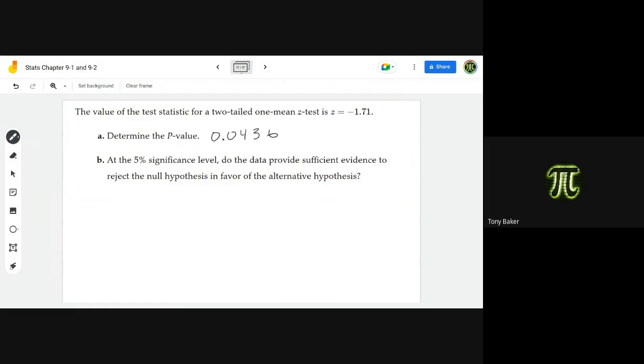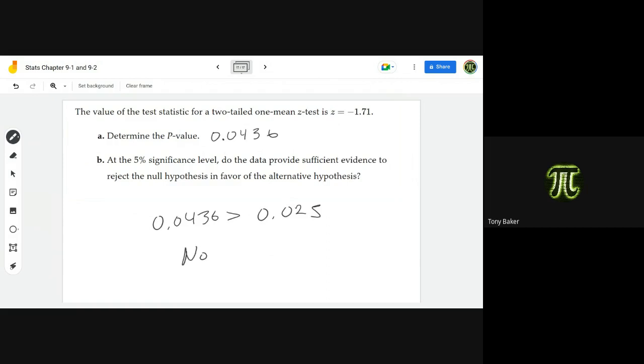The book just doubled the 4.36 and did it that way. I do it the other way. I cut the significance level in half because we're looking at 2.5% on each side. Since the negative 1.71 is on the left side, it doesn't matter which way we're going, there's only 2.5% on each side. So in this case, the 0.0436 is greater than the 0.025, which is what we're looking at.